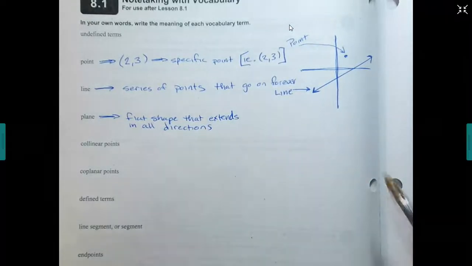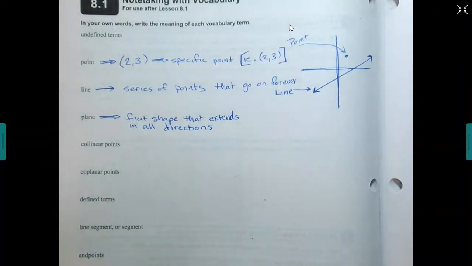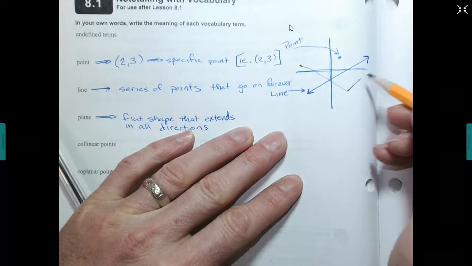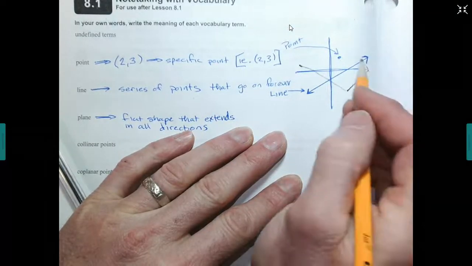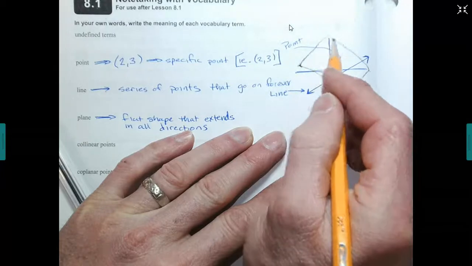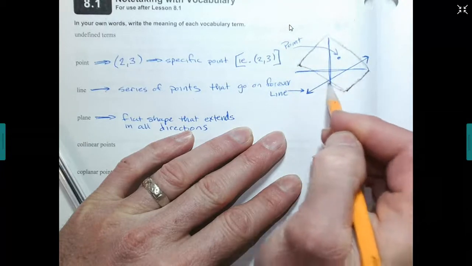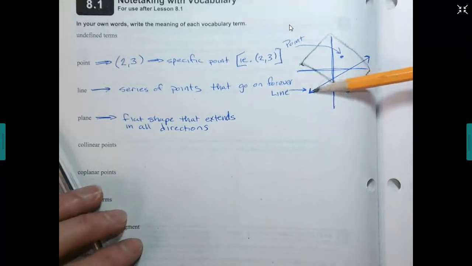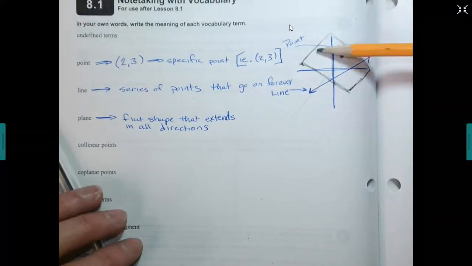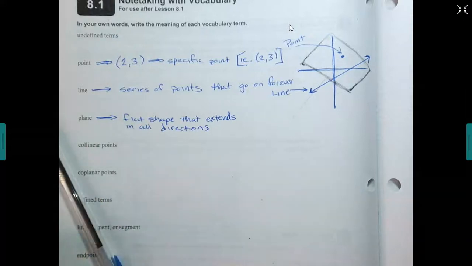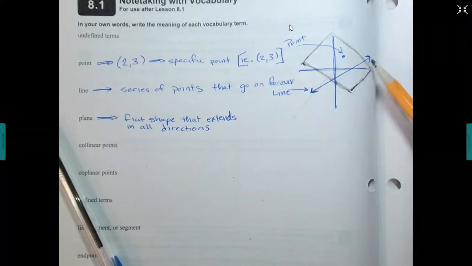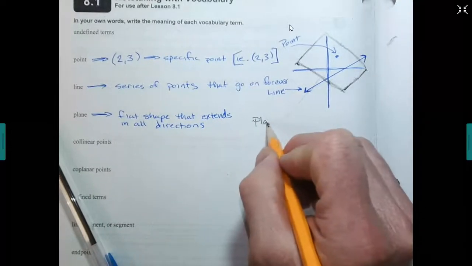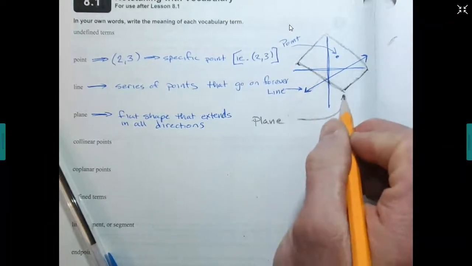So if I were to try and put a plane on here, I might draw this. Now that's not the whole plane, right? It extends out this direction, this direction, this direction, and this direction forever. Just like that line is not the whole line. It extends this way and that way forever. So there's your plane.